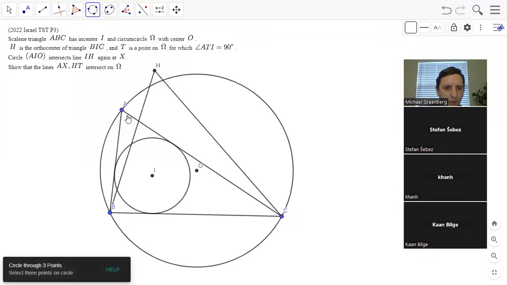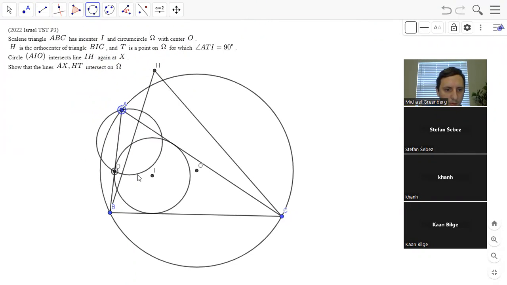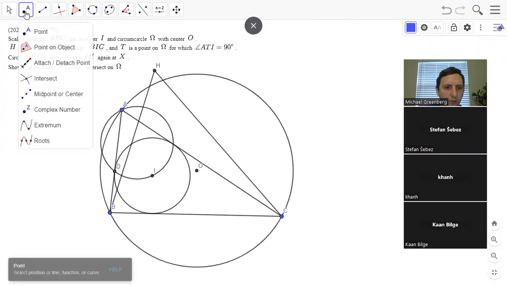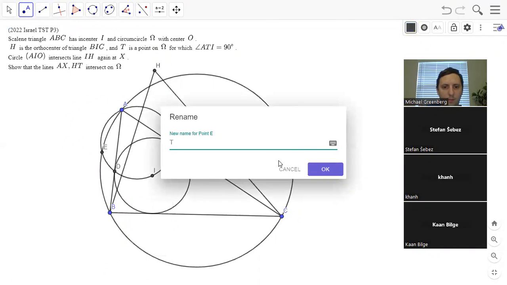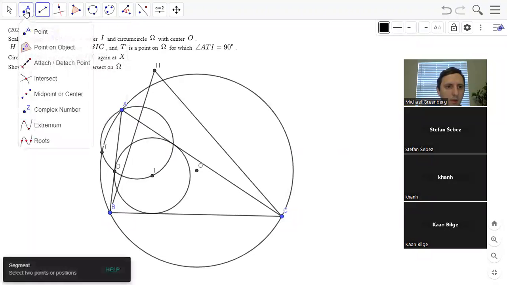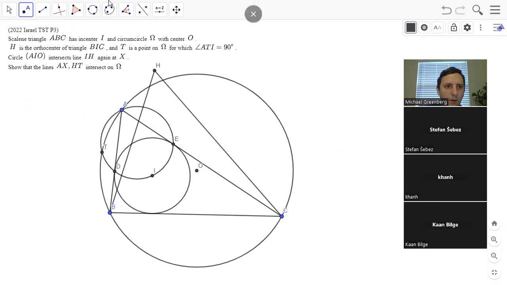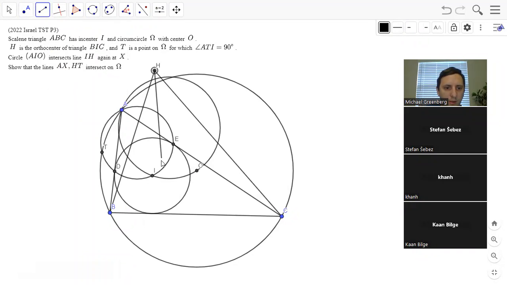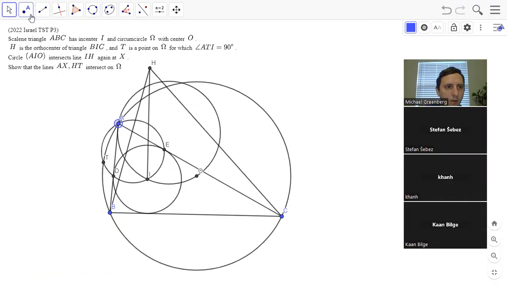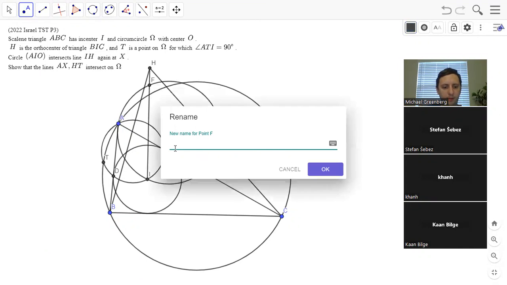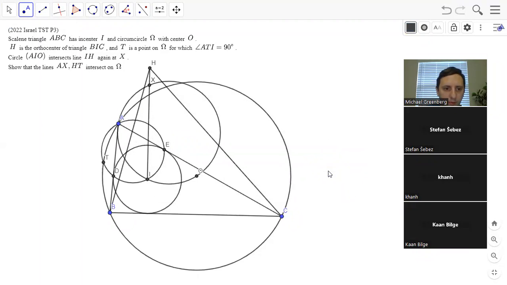Basically, we just want to draw this circle. So it's like the Sharkey-Devi point. And the circle AIO intersects IH at X. We want to show AX and HT intersect on the circle.